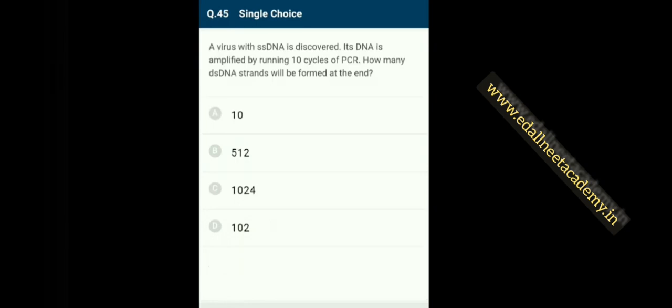A virus with single stranded DNA is discovered. Its DNA is amplified by running 10 cycles of PCR. How many double stranded DNA strands will be formed at the end? Polymerase chain reaction is a process to amplify nucleic acid sequences.